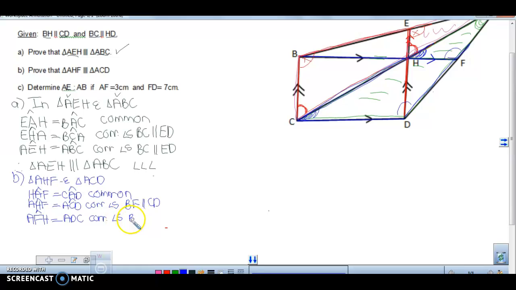And it's also because BF is parallel to CD. So right, angle, angle, angle. Therefore I can say triangle AHF is similar to triangle ACD, sorry. And the reason is angle, angle, angle. So we are done.